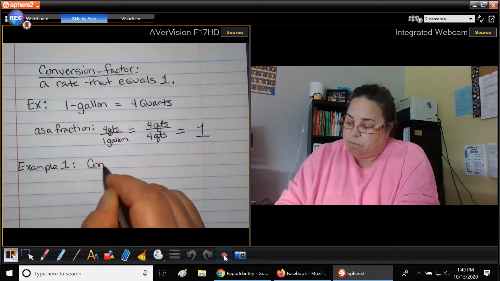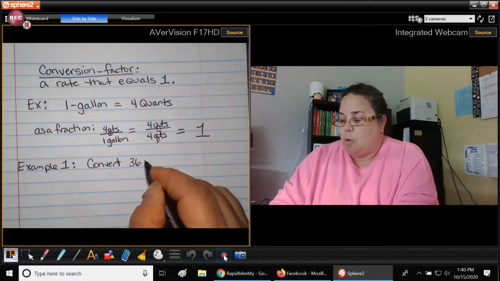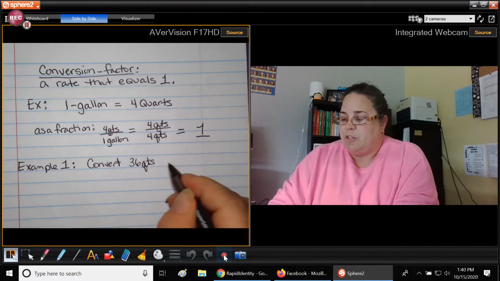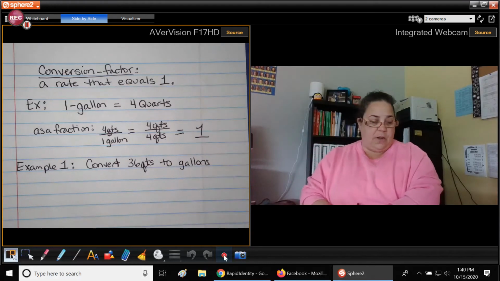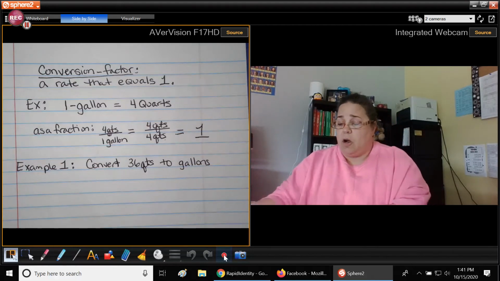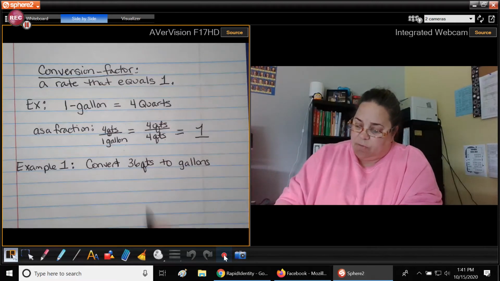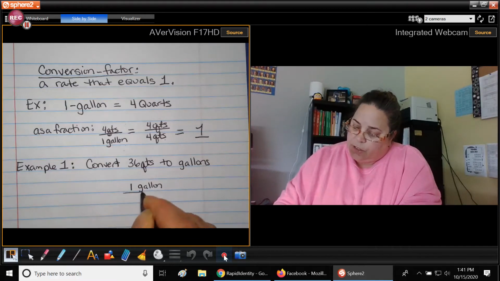Convert 36 quarts, just in case you guys don't know, that's my lowercase q, to gallons. All right, so remember, we know that there are 4 quarts in 1 gallon, right? Yes. So I can write 1 gallon to 4 quarts.